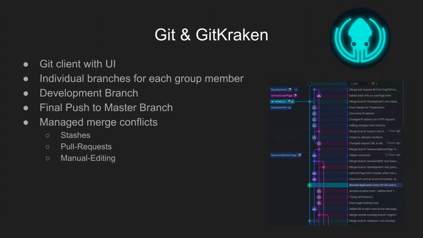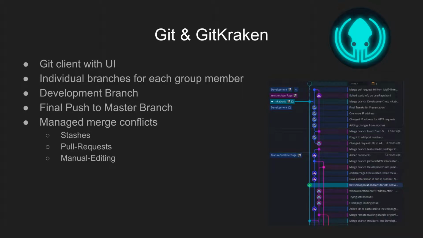And whenever you need to do any sort of merge commits, it has an in-program merge conflict tool, which allows you to see the different merge conflicts that will arise when you try and merge different branches together. It's like which snippets of code you're going to be using.